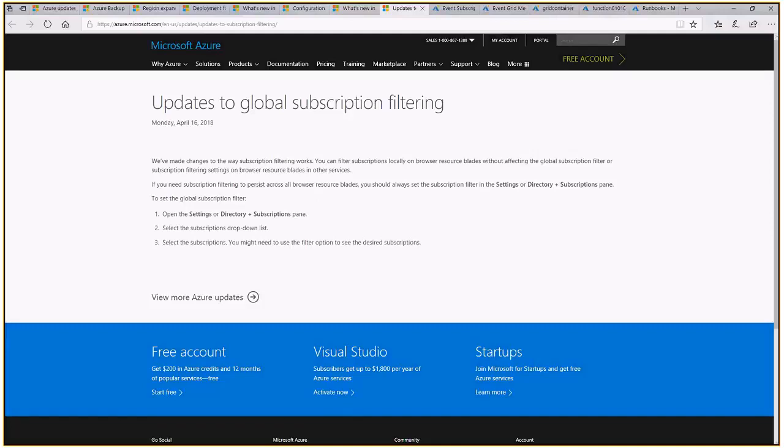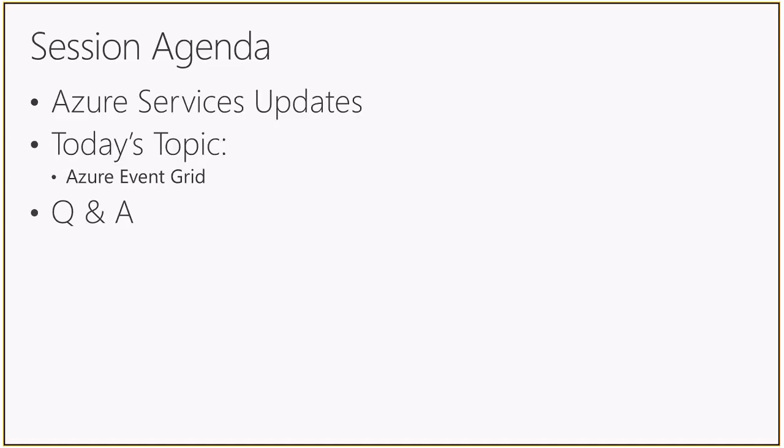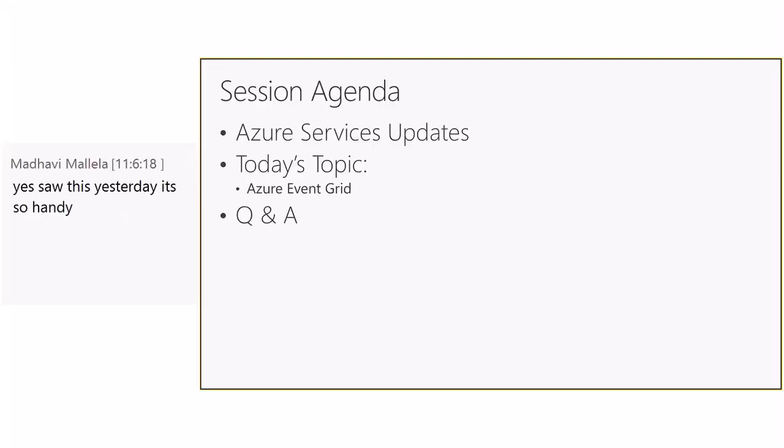All right, I'll switch back to our presentation. So with that, those were the Azure service updates for this week. And now we'll get into today's topic, that is Azure Event Grid.